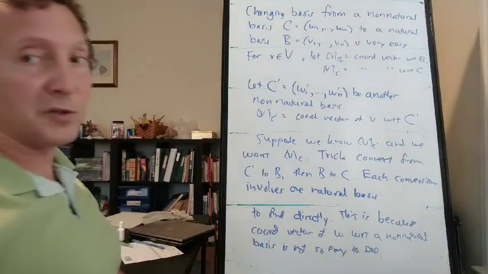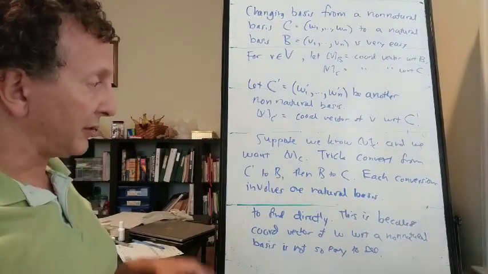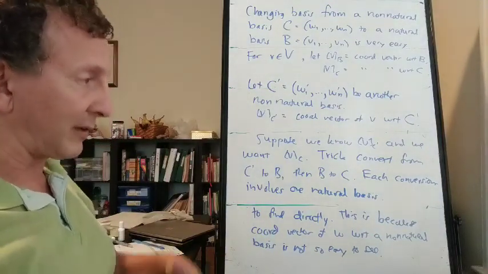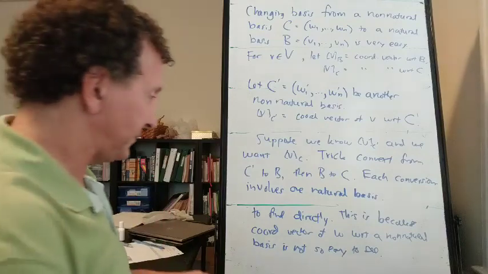So that means that one of the conversions is super easy, and the other conversion is sort of easy. It's an easy matrix, and then we have to invert it.